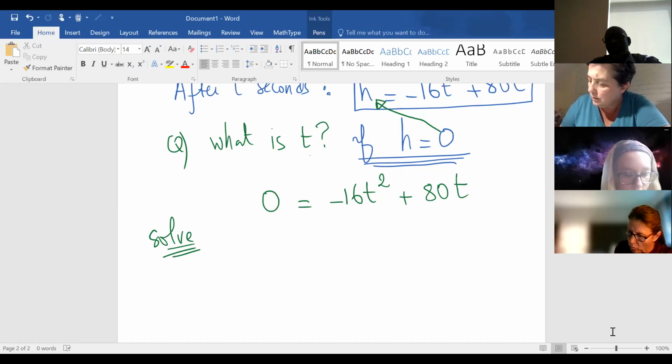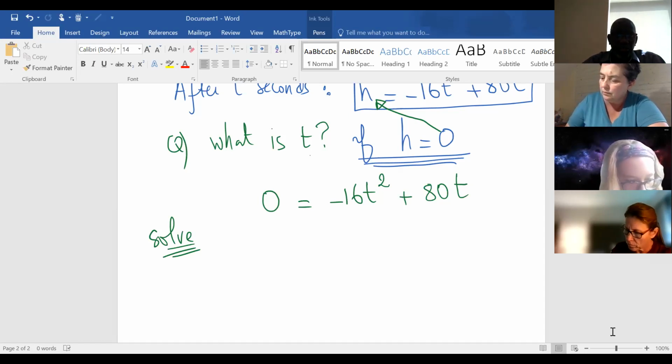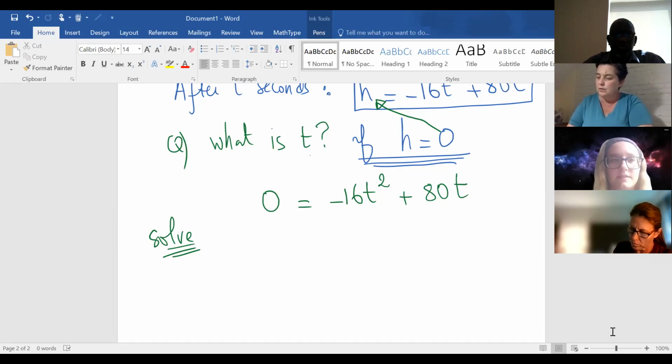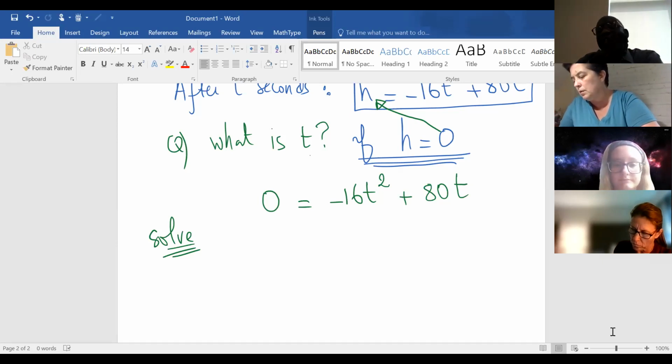Now, when factoring, you have a toolbox in which you have all the factoring methods, okay? And you look at what tool am I going to use to factor that? The GCF. Negative 16 and 80 can both be divided by 8. So the GCF, right?